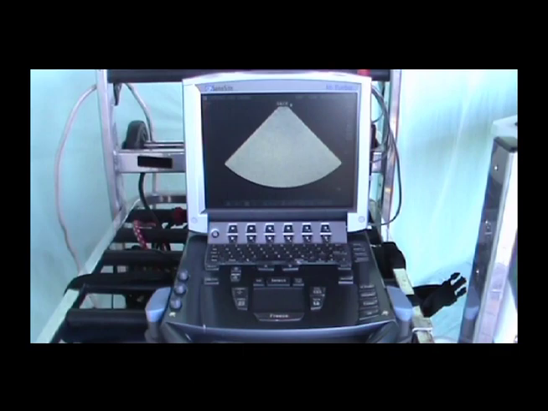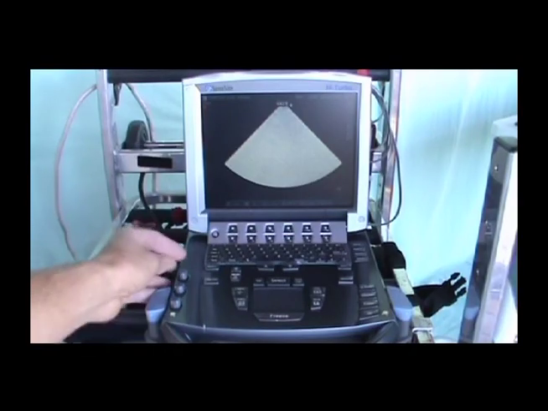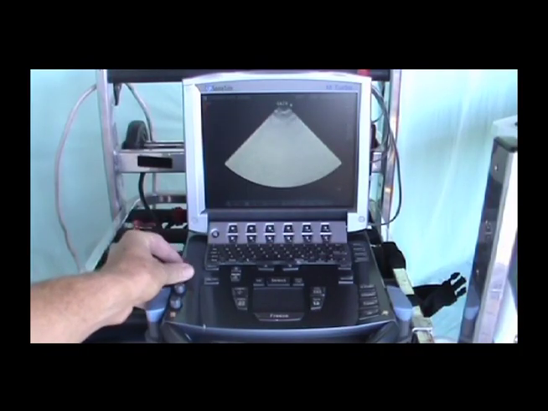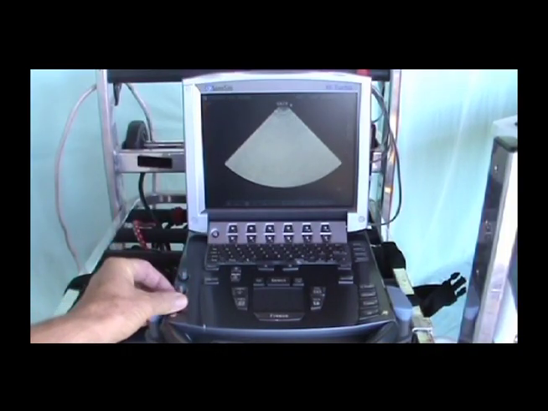Some ultrasound machines do not have TGC toggles and instead use 3 gain knobs. One knob controls gain in the upper or near field of the ultrasound screen. A second knob controls gain in the lower or far field of the ultrasound screen. And the third knob controls overall gain.